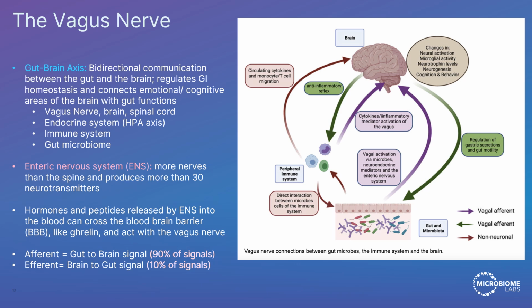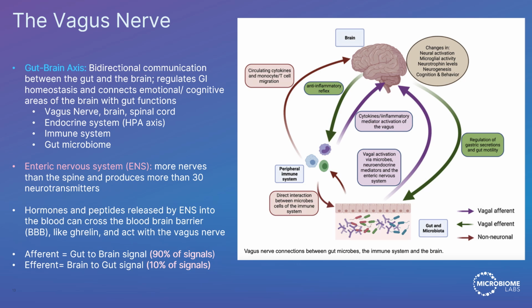As I mentioned in the previous slide, the enteric nervous system contains more nerves than the spine and produces more than 30 different neurotransmitters, all of which have an impact on brain function and gut function as well. What's really interesting is many of the hormones and peptides that are produced and released by the enteric nervous system can cross the blood-brain barrier.